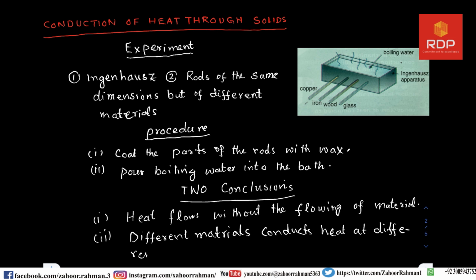And you saw that in the case of copper, more wax is melted as compared to the wood and glass. So first is copper, which conducted more heat. Then it is the turn of iron, then wood, and at the last, glass also conducts very little heat.